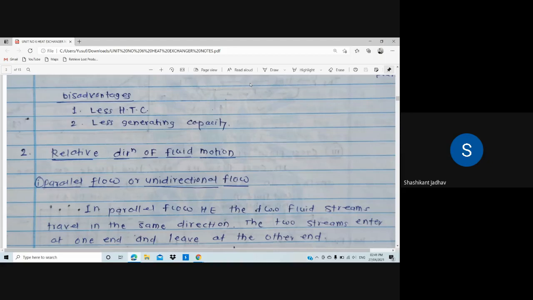Now we have to write down the second classification according to the relative direction of fluid motion.